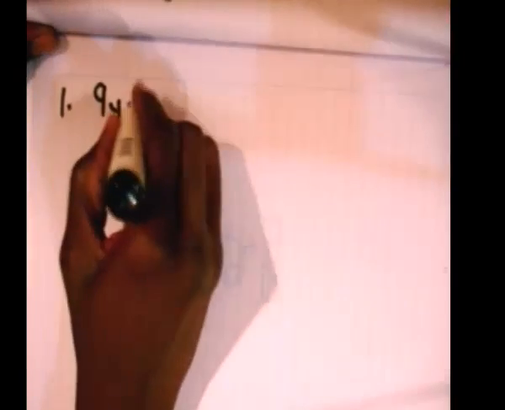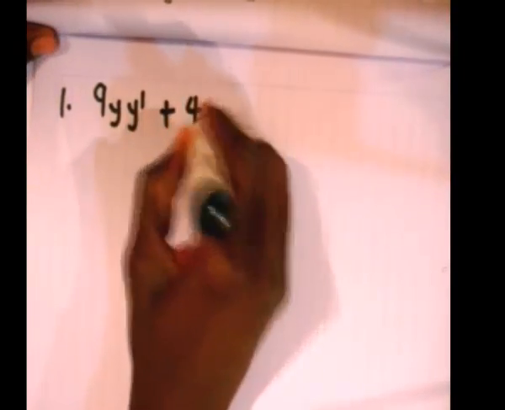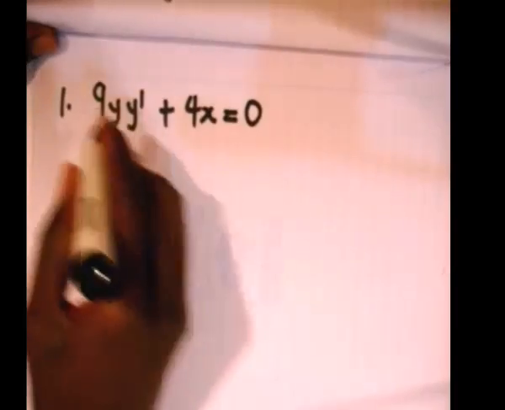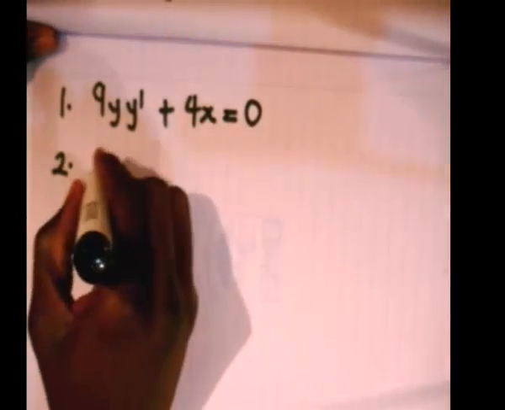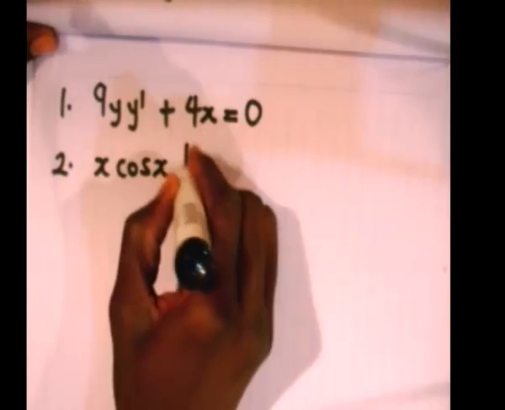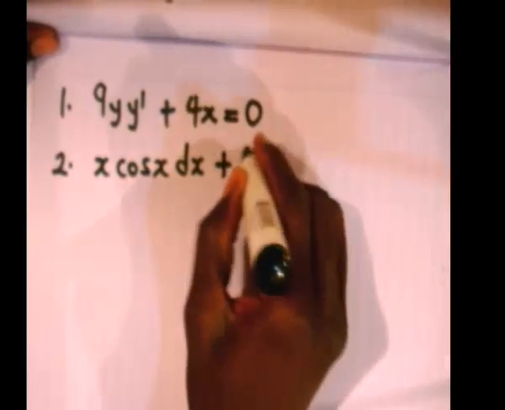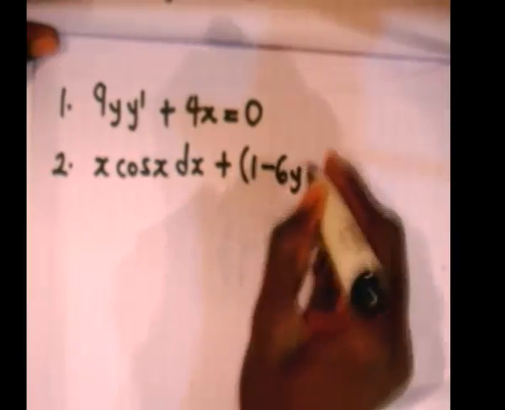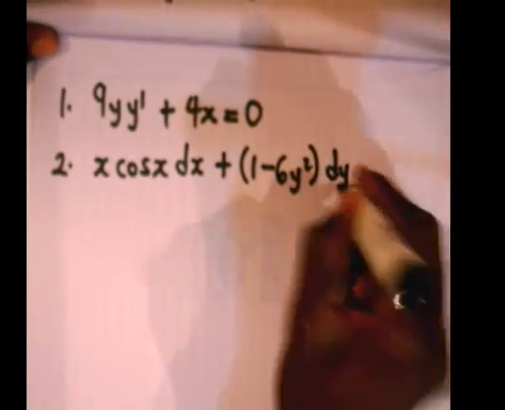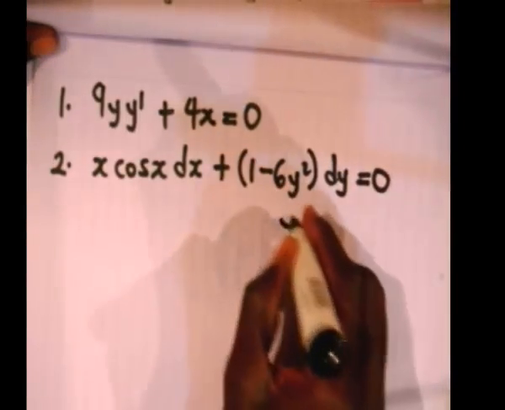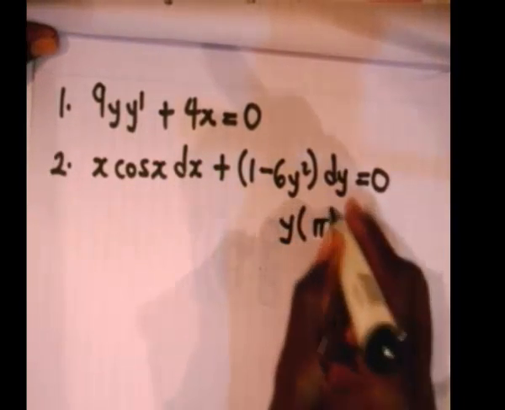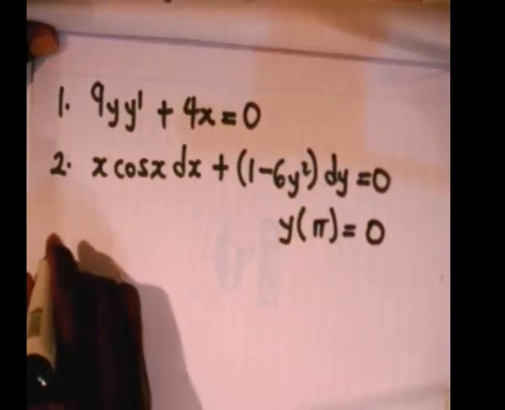Exercise: solve the differential equations. 1. 9y prime plus 4x equals 0. 2. x cos x dx plus (1 minus 6y squared) dy equals 0, with the condition y(pi) equals 0.